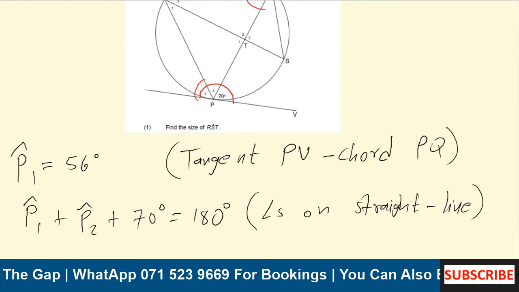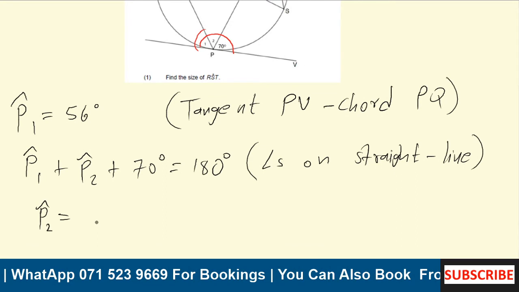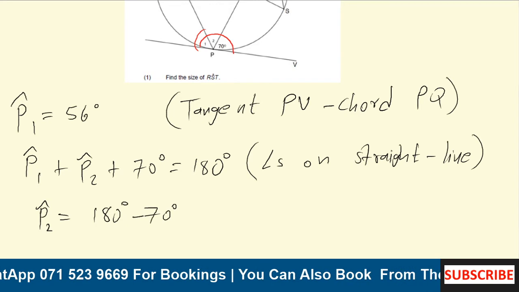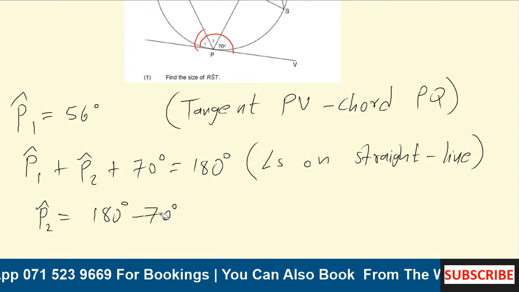We can make P2 the subject of the formula and solve for P2. P2 equals 180 degrees minus 70 degrees minus P1.